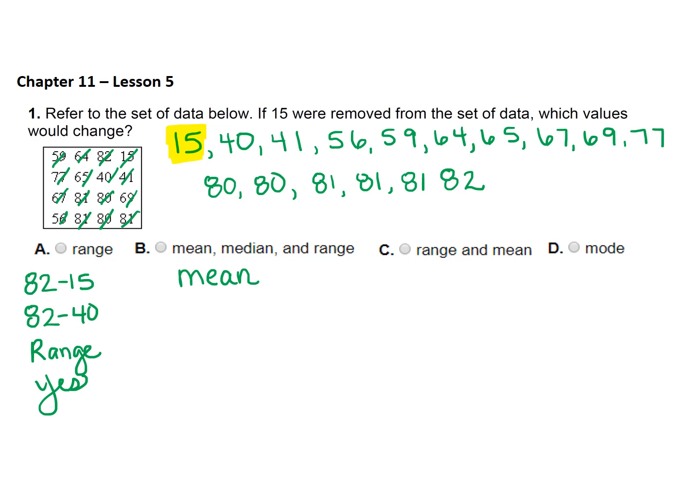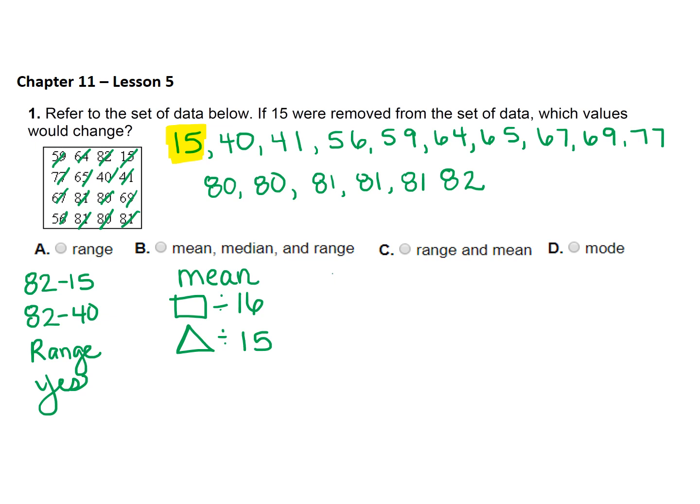If I add all of these values up, that's going to be different if 15 isn't there. I'm going to be dividing by 16 if 15 is there, or by 15 if it isn't. And because this number is so different from the rest, the mean is definitely going to be different.